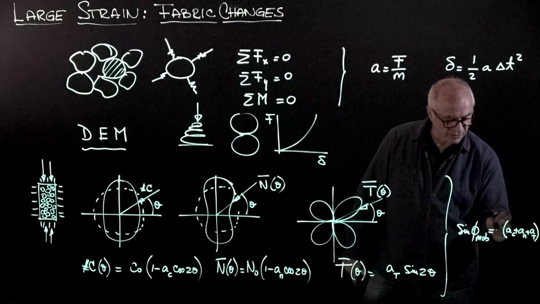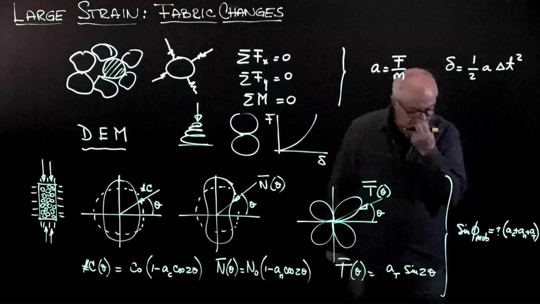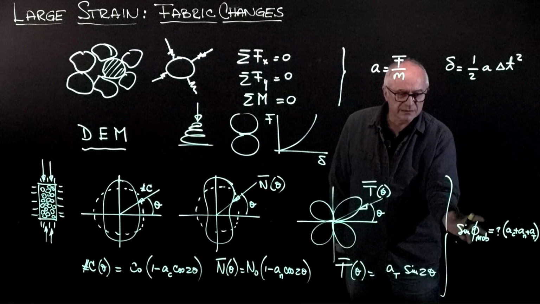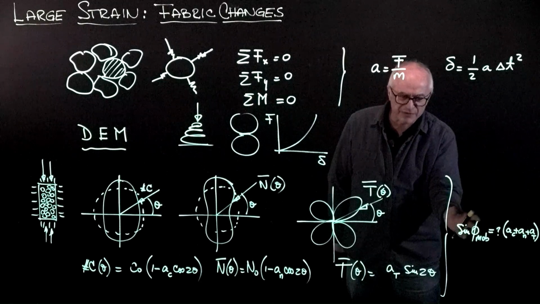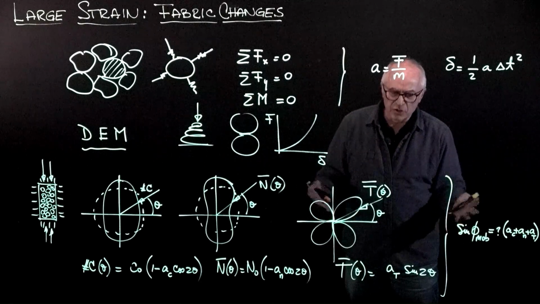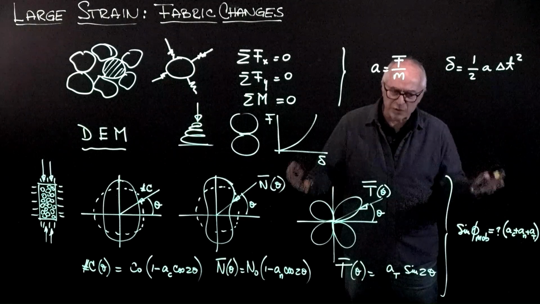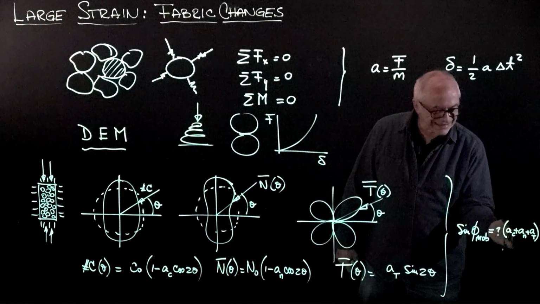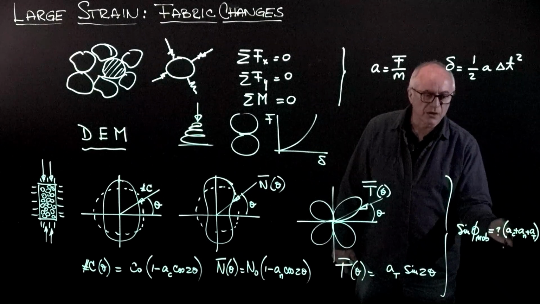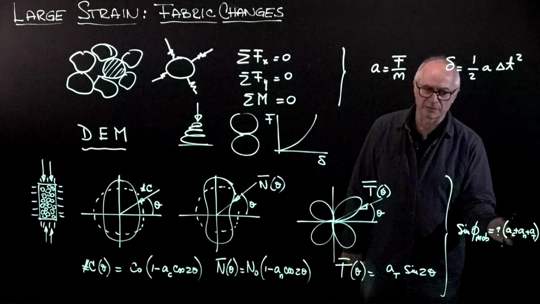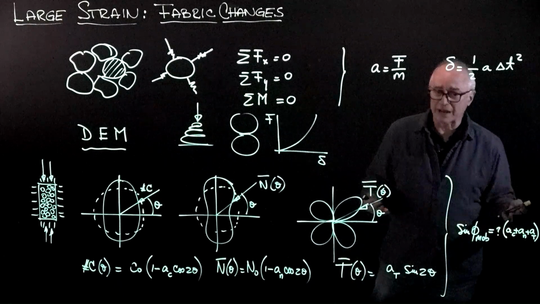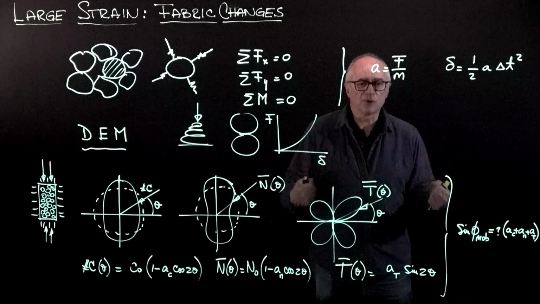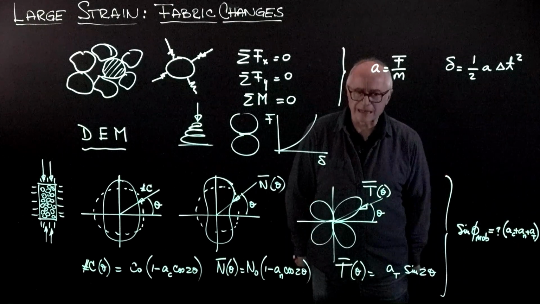And there is a coefficient here. So this is a macro scale measurement of the mobilized friction angle at the macro scale, looking at the soil mass as an equivalent continuum. And this is a statistical summary of the evolution of anisotropy. Shear strength is all about the ability of the soil to mobilize internal anisotropy.